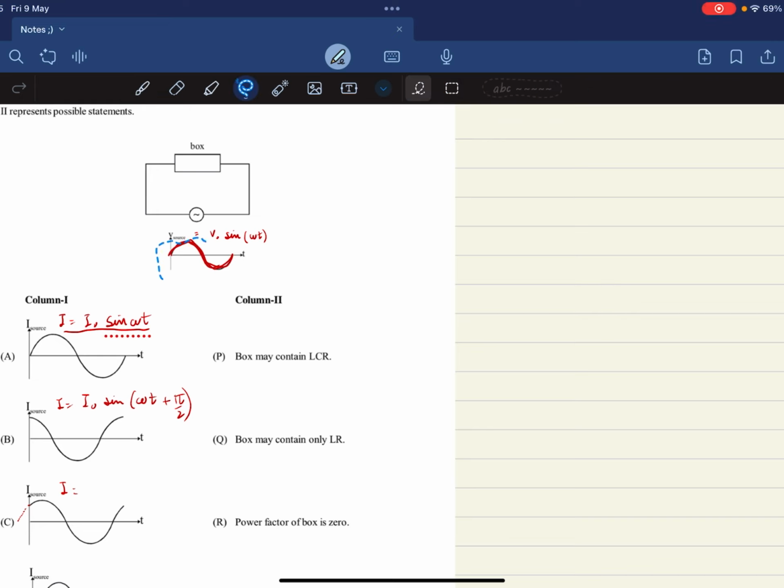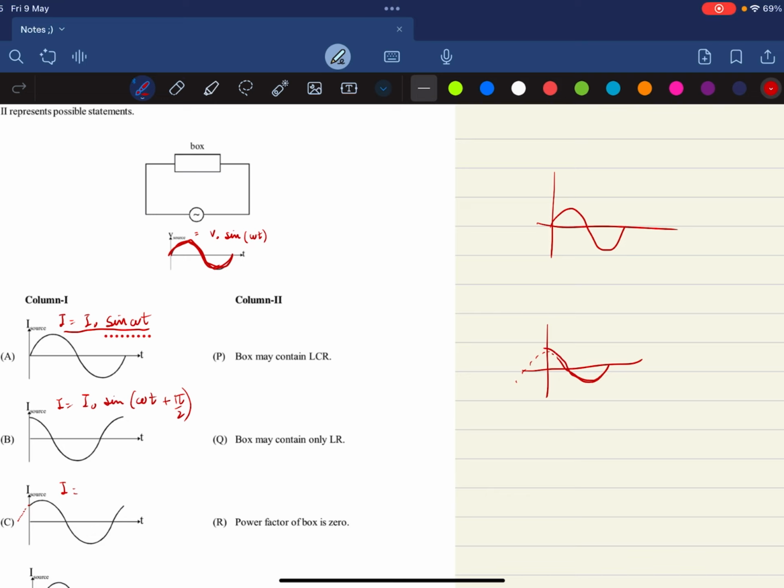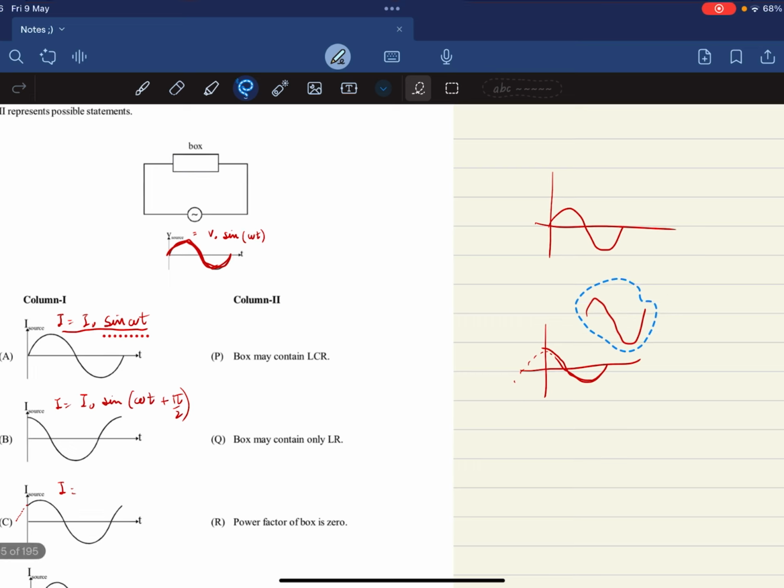and if I pick it up, oh sorry, this is the wave, let me draw it here. This is the wave, and this is the wave where we have to write its equation. So if I pick it up and align it here, you can see that it has moved slightly backwards.